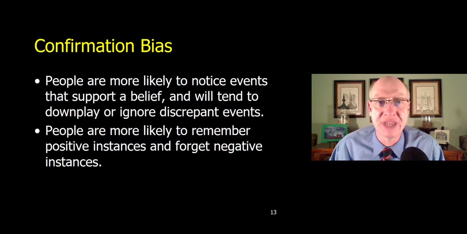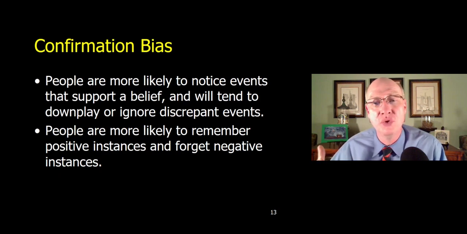But that's not what you say to yourself. You say to yourself, oh, we got lucky tonight. It was a quiet night even though there was a full moon. You discount the evidence because subconsciously you are inclined to notice events that support a belief and downplay discrepant events that disprove a belief.